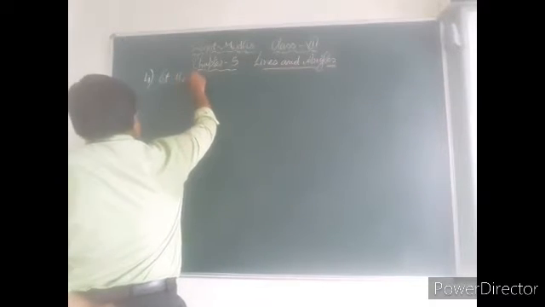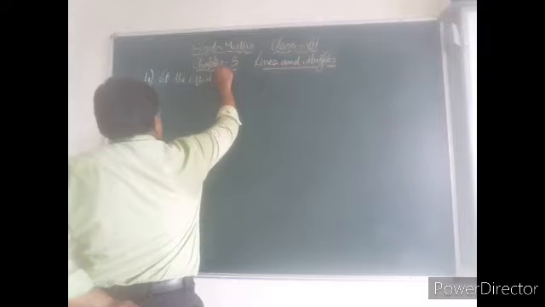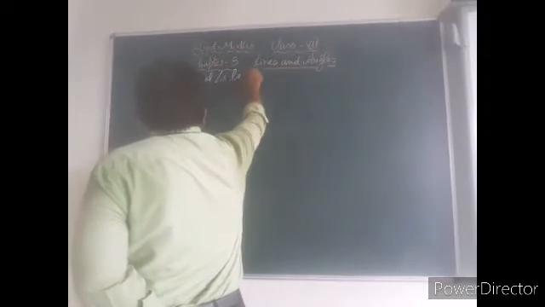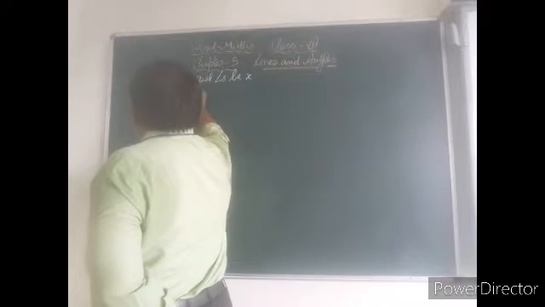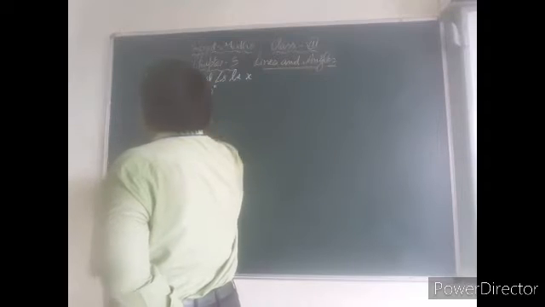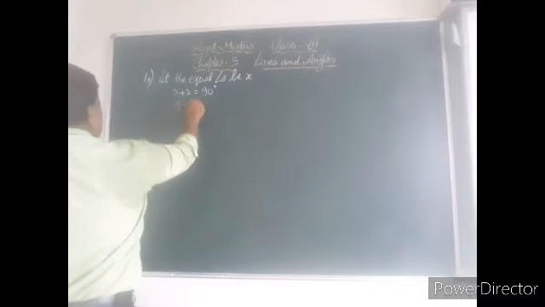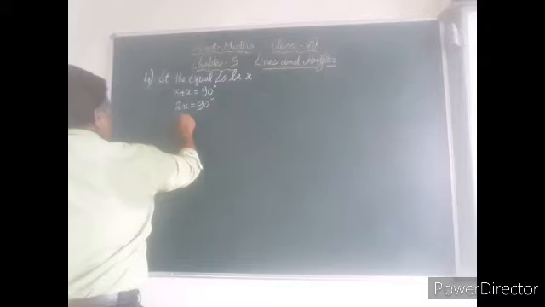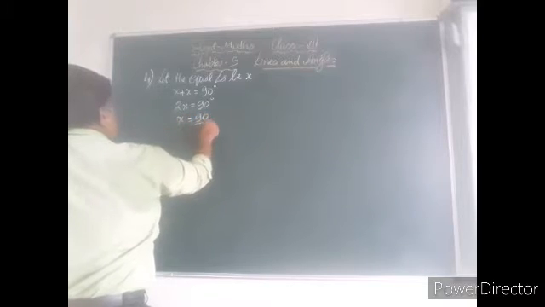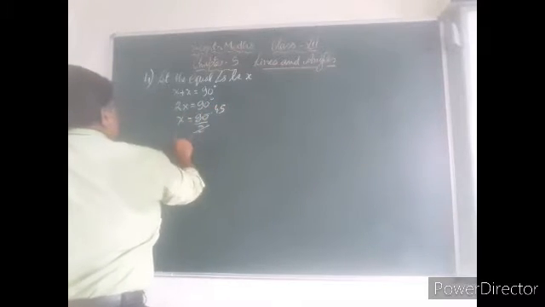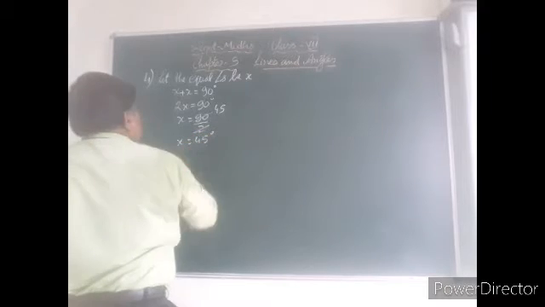So x plus x equal to 90, 2x equal to 90 degree, x equal to 90 upon 2. So x equal to 45 degree.